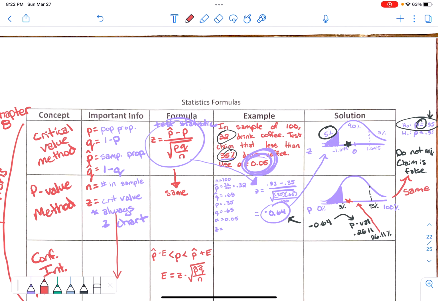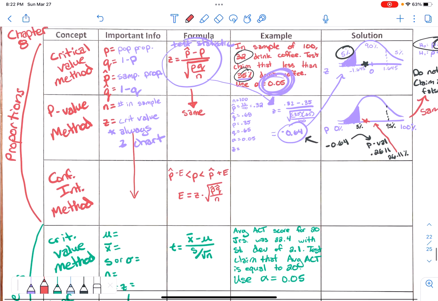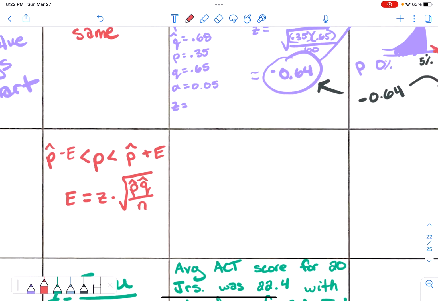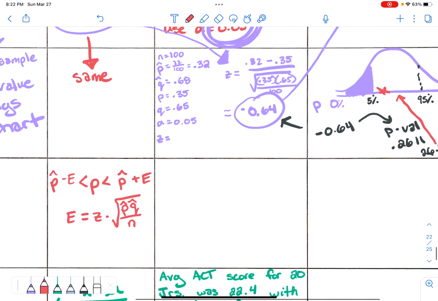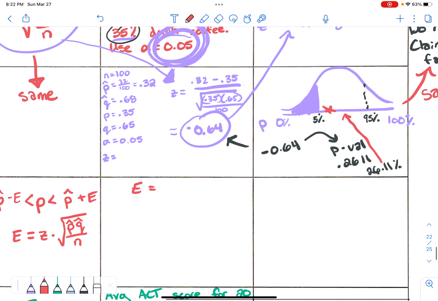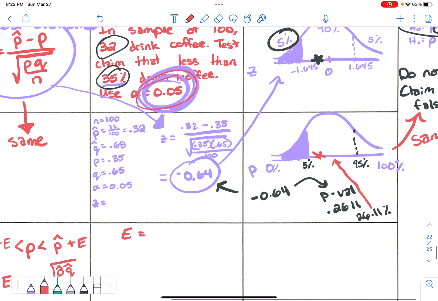Okay? All right, next we're going to do this same thing, but we're doing the confidence interval methods. We're doing this one instead now. p hat was... we've got to calculate the error first. Error is z. Since we're still doing this alpha level of 0.05, we're going to use this z-score, which is 1.645, and then we're going to finish the rest of our formula here.